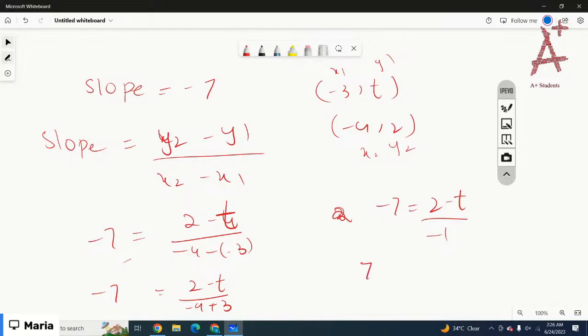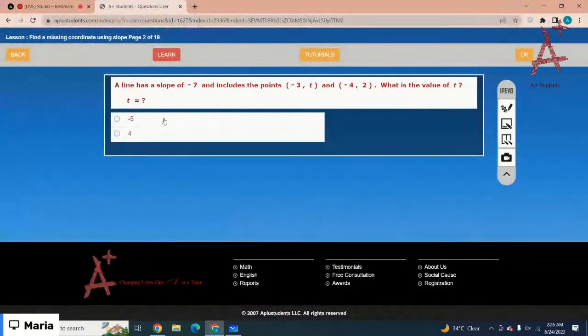Just do cross multiplication, it would be 7 equals 2 minus t. Move 2, it would be 7 minus 2 equals negative t. So 5 equals negative t and t equals negative 5. That means the missing coordinate is negative 5. So the correct option is negative 5.